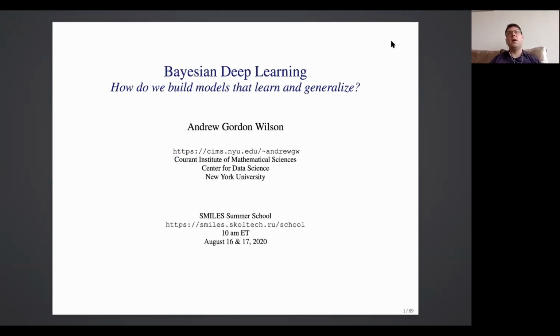We'll also talk about other types of kernel learning, which are in a way how you do representation learning with Gaussian processes and other types of kernel machines. And we'll also talk about optimization procedures, which have been inspired by Bayesian deep learning in a sense.